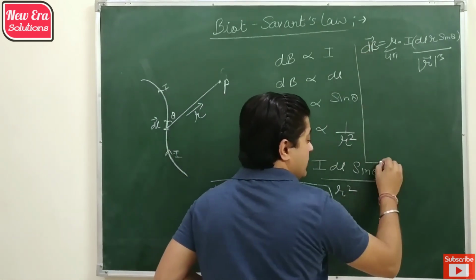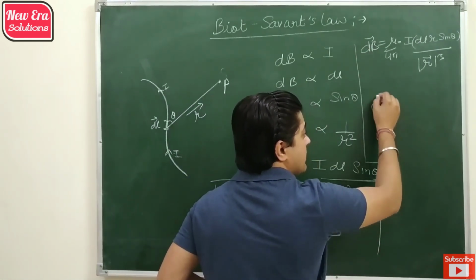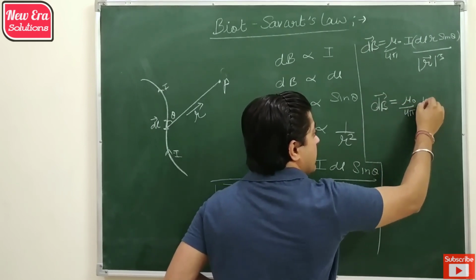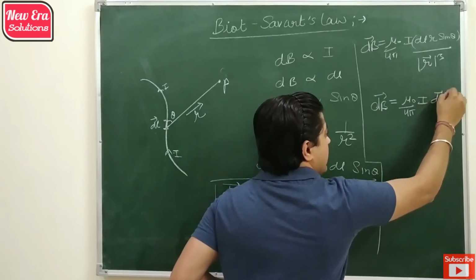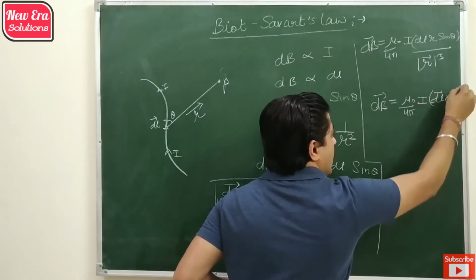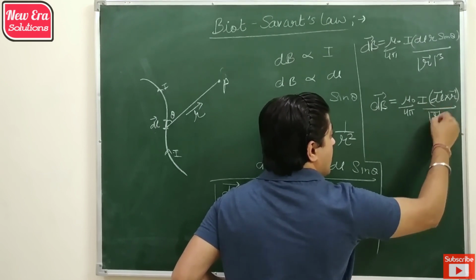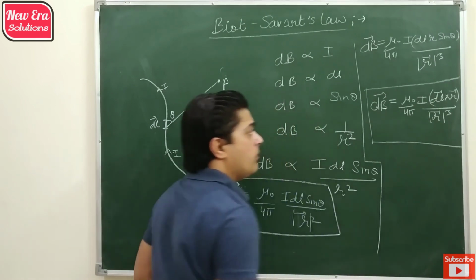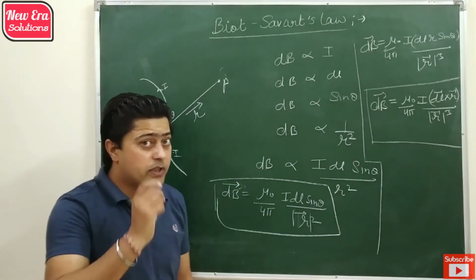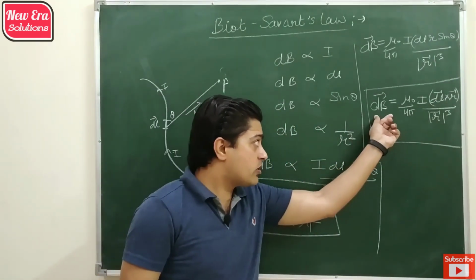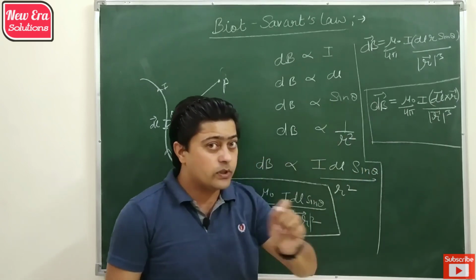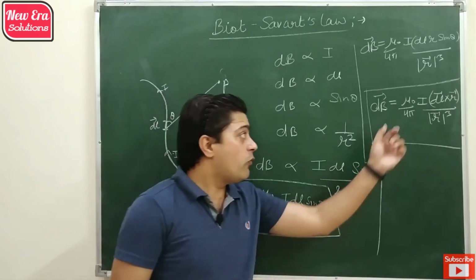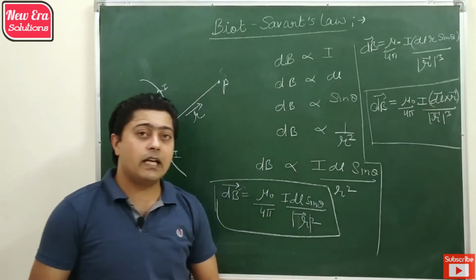So that equation can be written as dB vector is equal to mu naught by 4 pi I dl cross r upon r cube. This is the vector form of Biot-Savart's law, which shows that the direction of magnetic field due to the current element is in the direction of the vector product of dl and r.